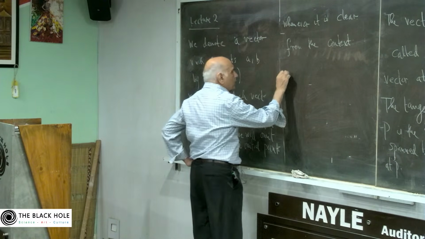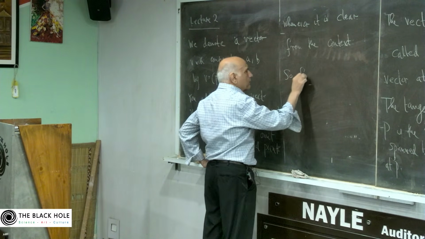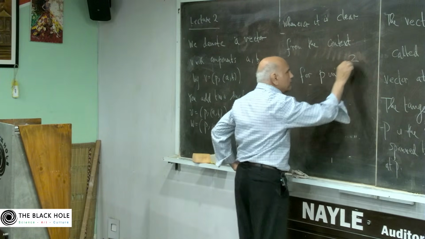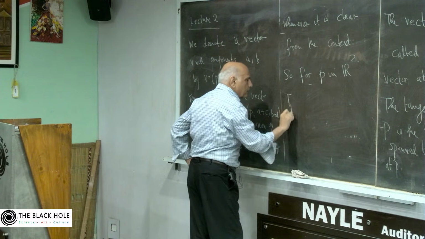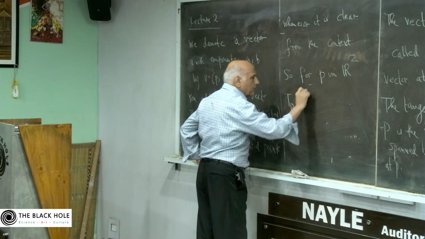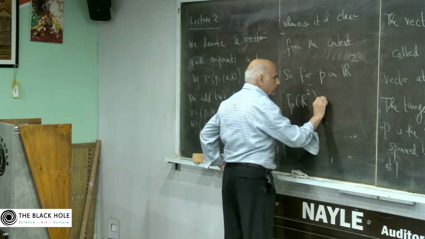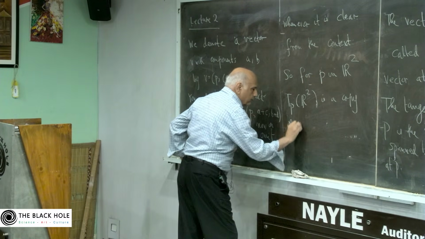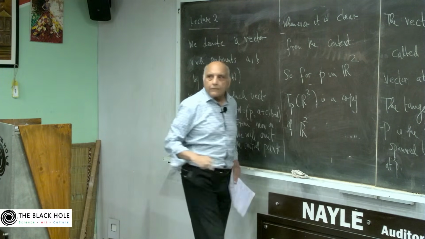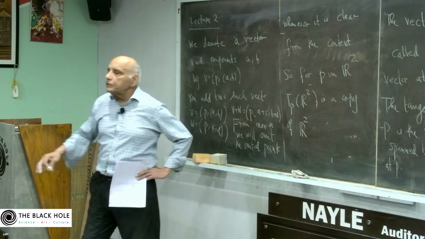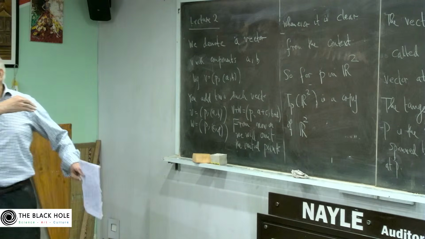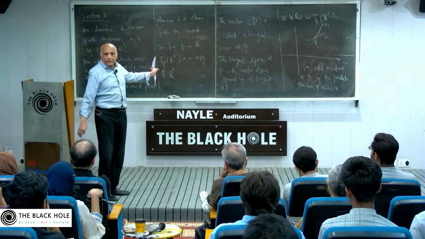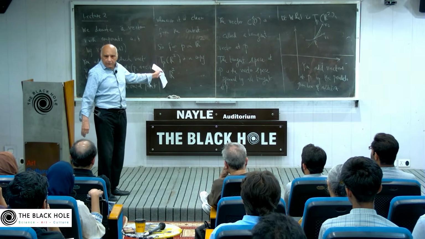So for P in R2, this is just a copy. If you change your point, how many coordinates for the point? 2 coordinates.